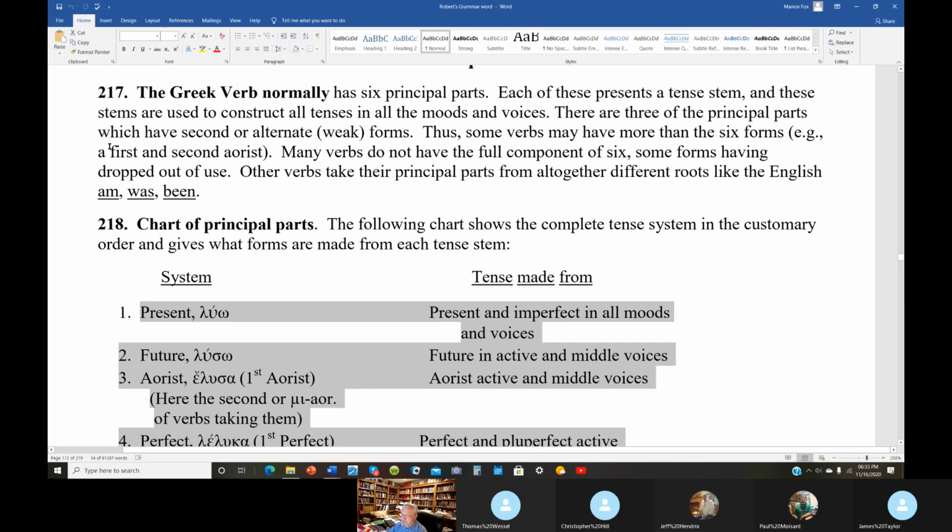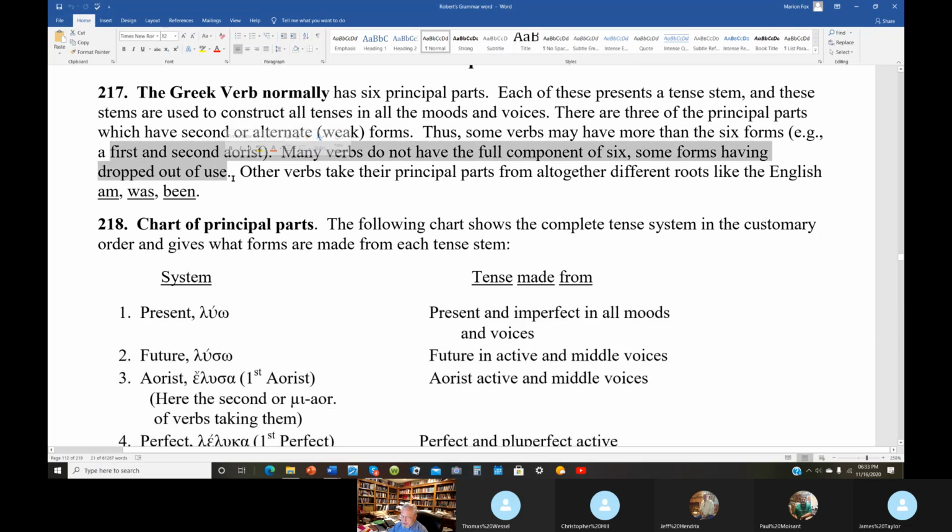For instance, we have first and second aorist. We have variations of some verbs. Some verbs have 2 forms. Maybe the old classical form hung on, and it's in some of our writings, and in other places, a different form of the verb might be used. That's why you have more than 6.